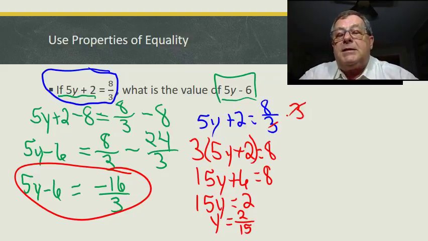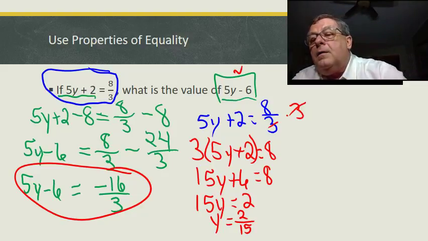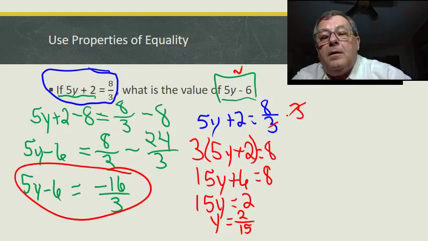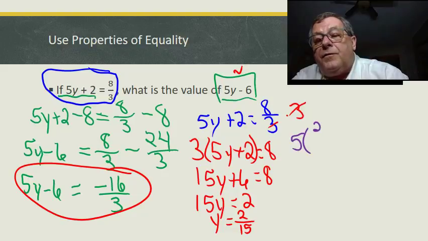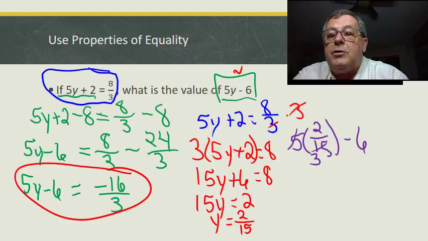Now let's take this second part and substitute y equals 2 over 15 into 5y minus 6. So I've got 5 times 2 over 15 minus 6. Here I can reduce that down to 2/3.